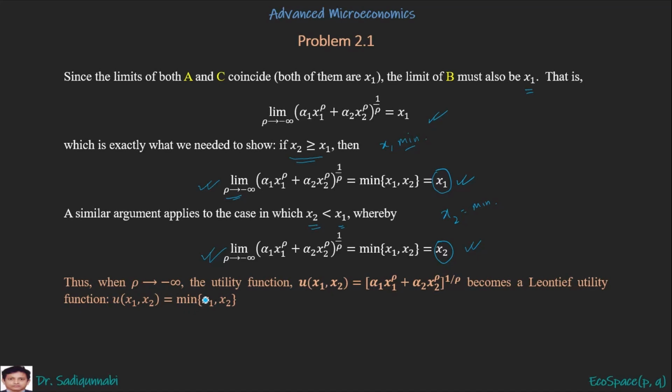So when x1 is minimum, it is equal to x1. When x2 is minimum, it is equal to x2. And this is the L-shaped Leontief indifference curve for two complementary goods.